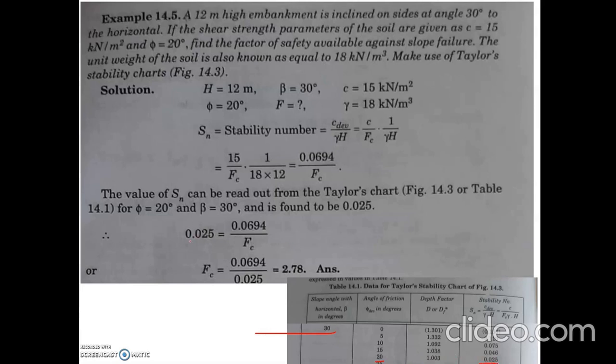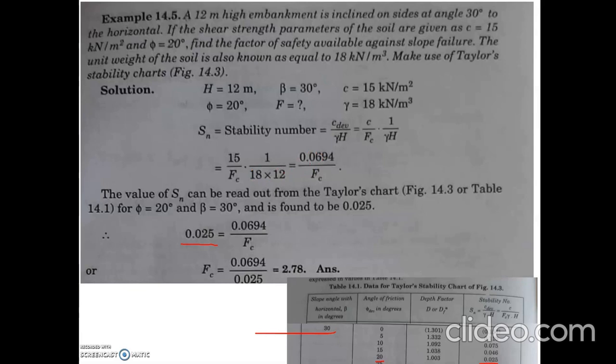So substitute the value of Sn as 0.025 in order to get the value of F. The value of C is 15, gamma is 18 and H is 12.